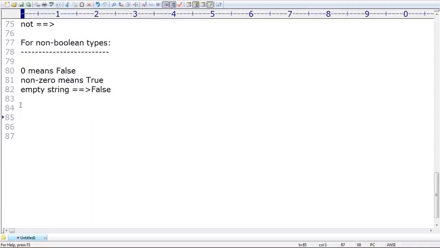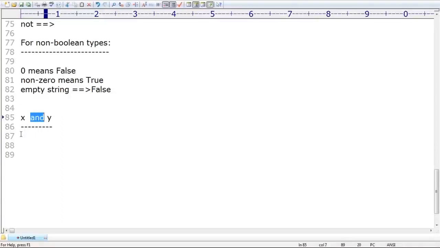Observe, here I'm taking x and y. These are not Boolean types. Observe the behavior of x and y. This is the AND operator.